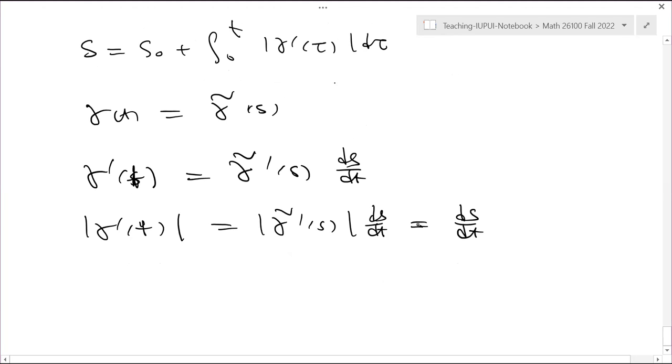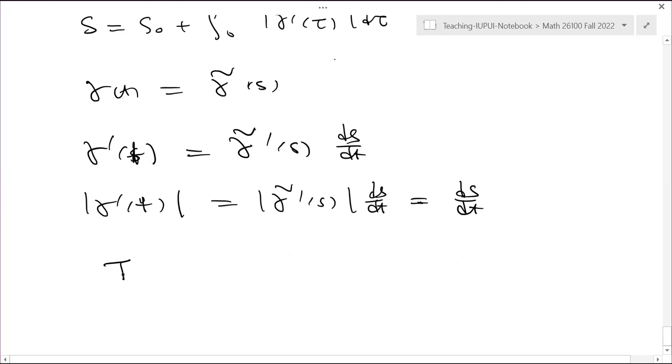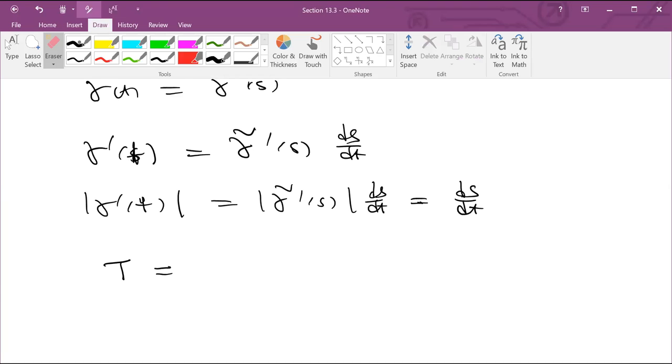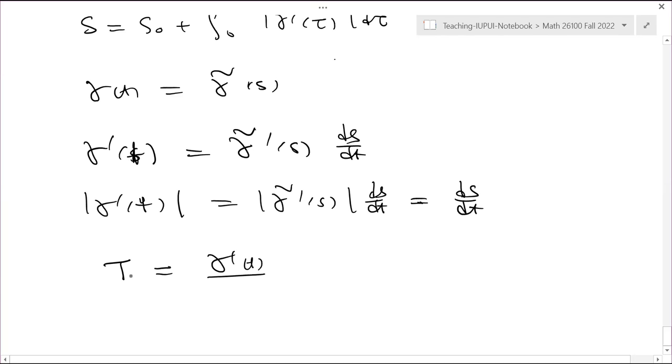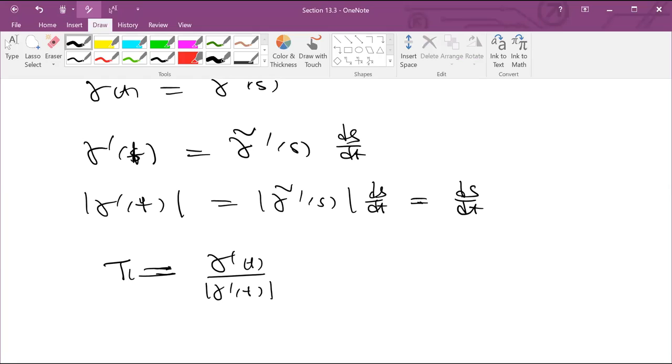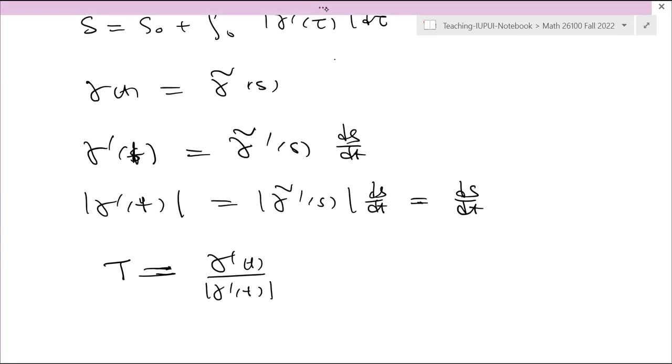All right. So what is our T? We needed to find T here. T now is going to be gamma prime t. It's a function of t right now. You have to normalize it. So T depends on t, or depends on s.